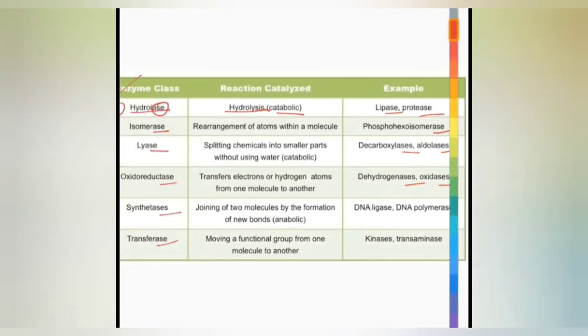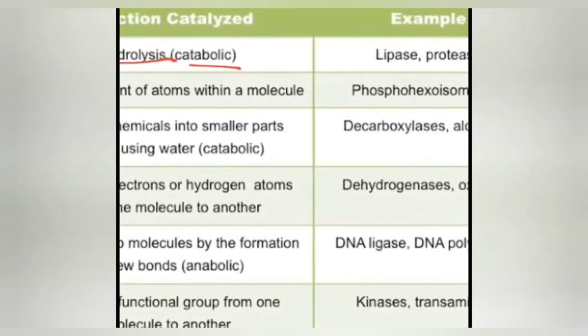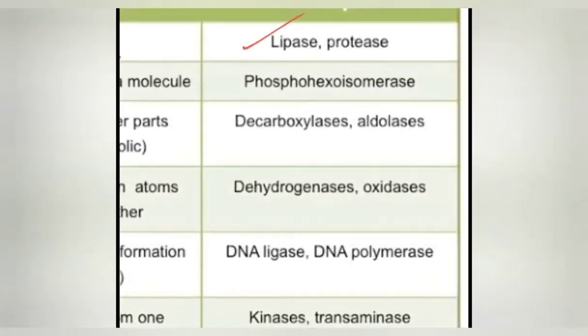But there may be some exceptions where the name of the enzyme does not end with "ase," though commonly it does. Even if you don't know the name of an enzyme, if the "ase" is there, you will know that this is an enzyme. So examples of hydrolysis are lipase and protease.